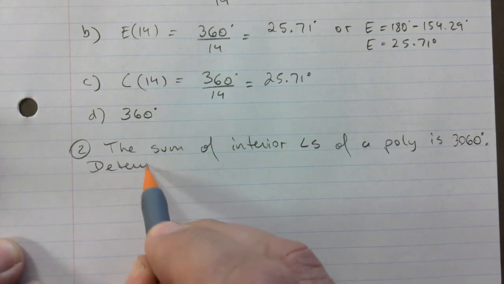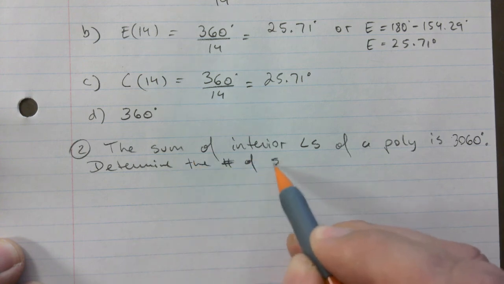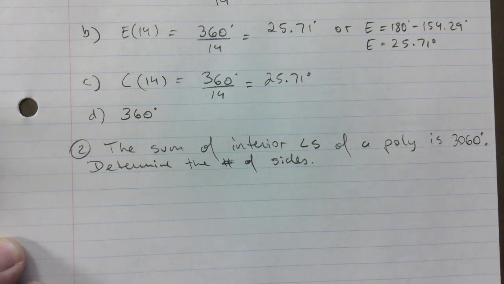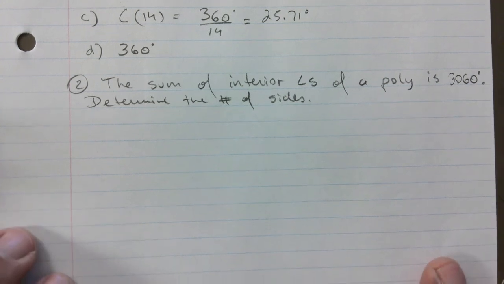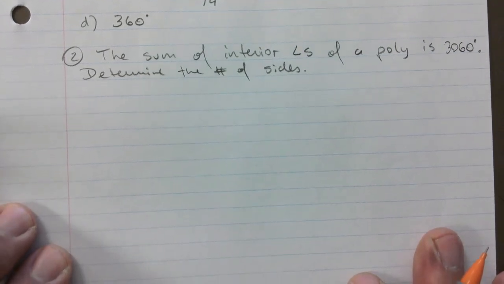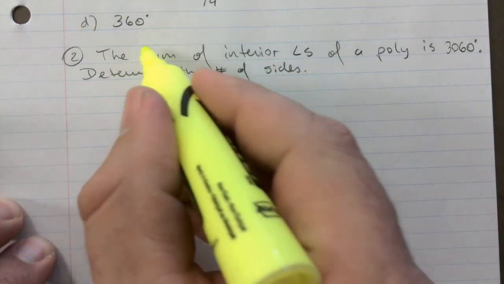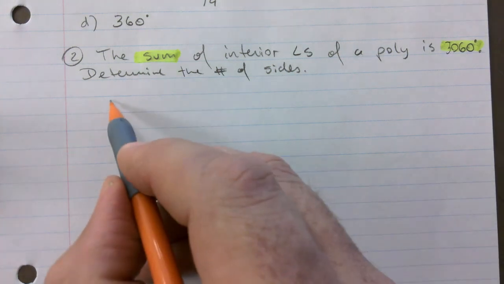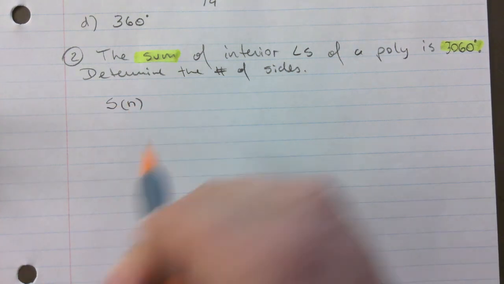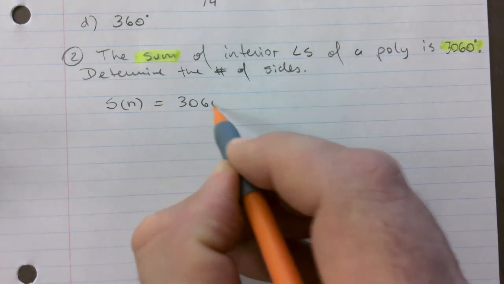Determine the number of sides. And notice that this question is saying that the sum is this. So they're essentially saying that the sum of an n-sided polygon, we don't know what n is, would be 3060 degrees.